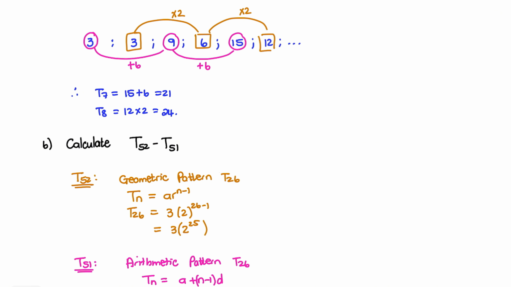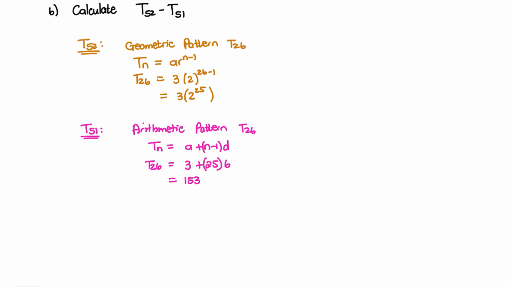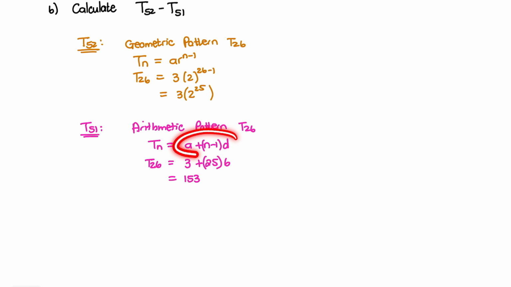The 3 they are referring to is the first 3 there. And the constant difference between terms is 6, and that is what I substituted in here. So we have a equals 3 and d equals 6. And the position we're looking at is term 26, not term 51, but term 26 of this pattern.